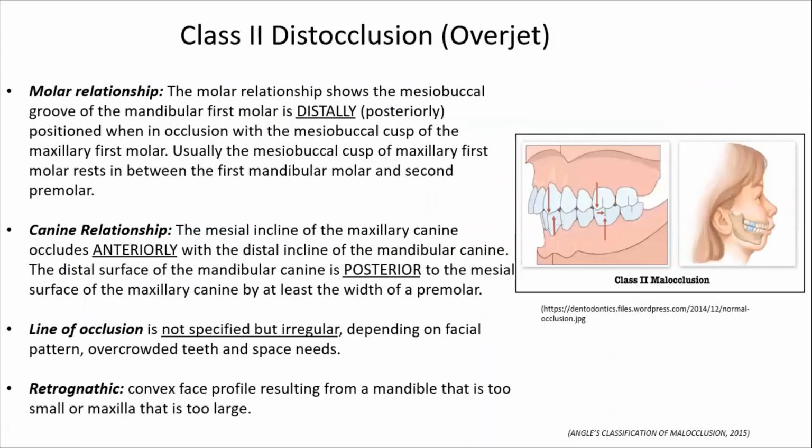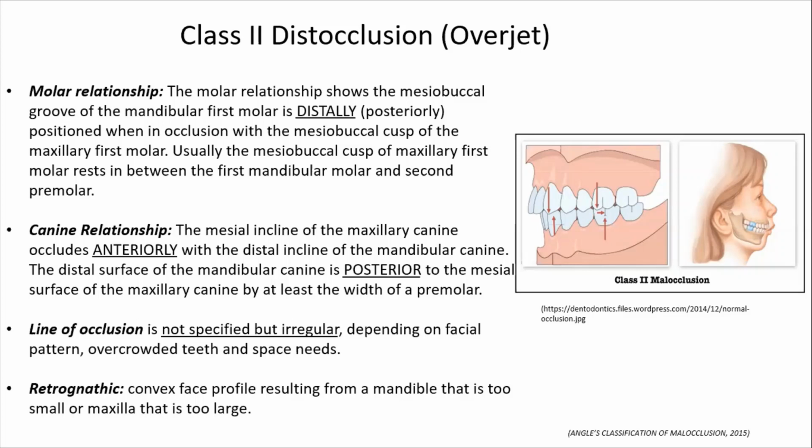Okay, so class 2 distal occlusion, it gets a little tricky because it's broken up into division 1 and division 2. So the molar relationship in class 2 shows that the mesial buccal groove of that mandibular first molar is distally or posteriorly positioned to that mesial buccal cusp of the maxillary first molar.